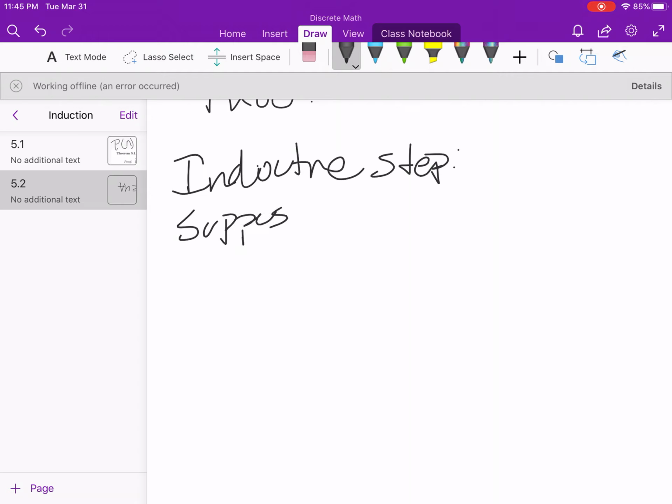That is, I'm going to suppose gamma of k is equal to k minus 1 factorial. And what I want to show is that gamma of k plus 1 is going to give me k factorial. So let's see if we can actually get this to work.